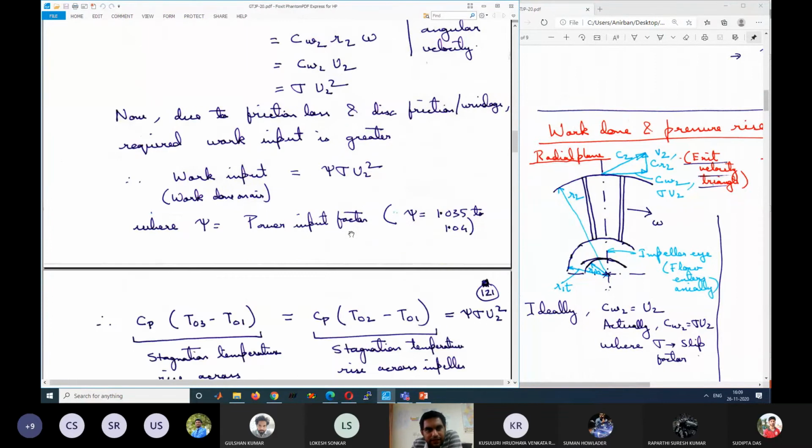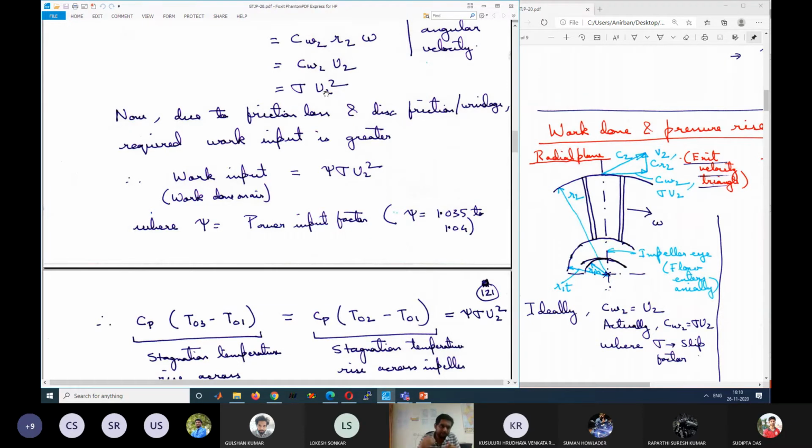Because of frictional losses and other losses, meaning disk friction, windage and viscous losses, although the power input to the fluid is sigma U2 square, you need more power input from your side. The theoretical power input required is slightly larger because of the frictional losses.